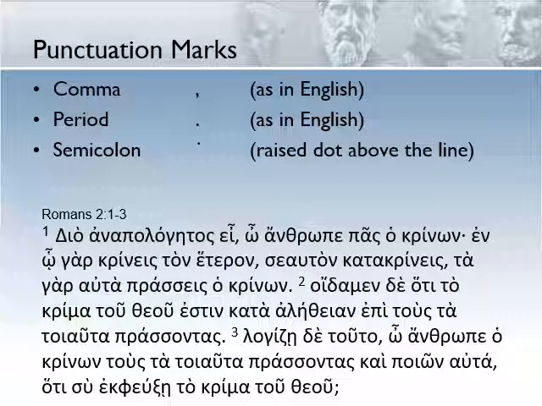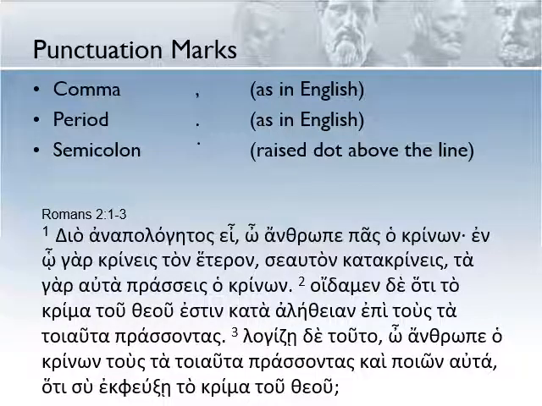It's not as full a stop as a period. It's a little bit more of a stop than a comma. Usually a semicolon will separate two clauses, where you have both a subject and a verb before and after the semicolon. Semicolon is a raised dot above the line.